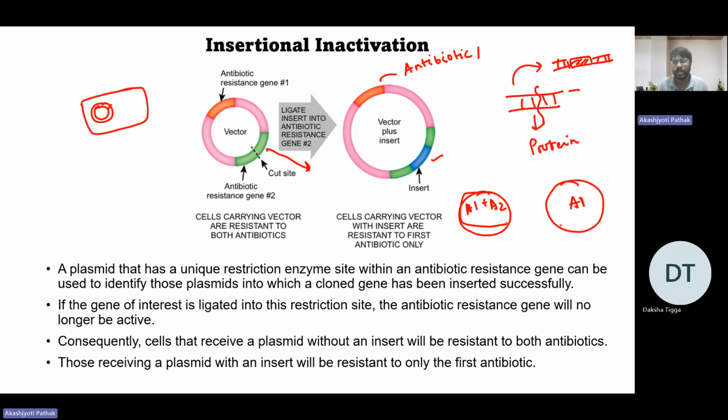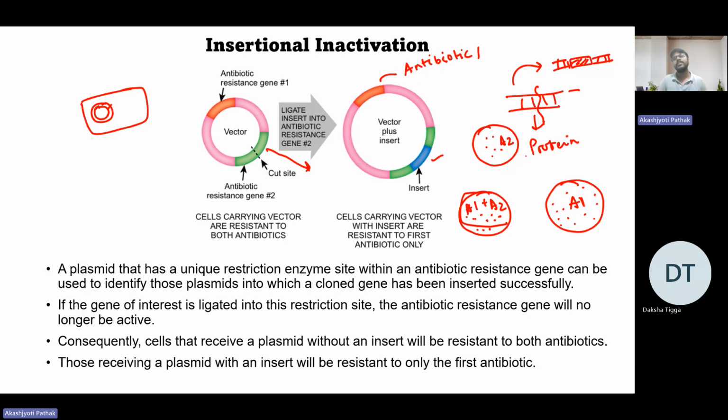Then there will be bacteria which grow in the plate which has both antibiotic 1 and antibiotic 2, and there will be bacteria which grow in plates supplemented with antibiotic 1, but are not able to grow in plates supplemented with antibiotic 2.